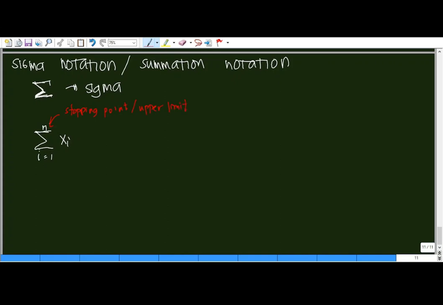Ito naman is the index. Itong xi na to, we call this your element.